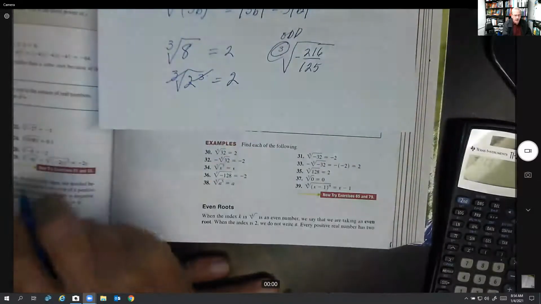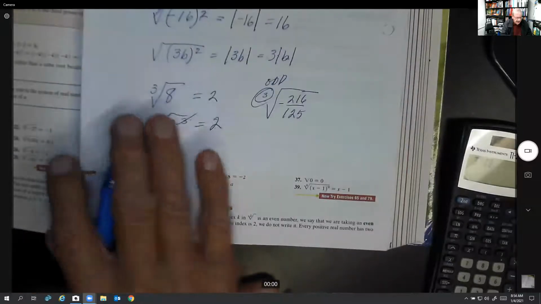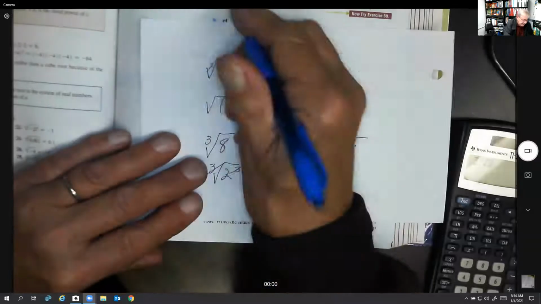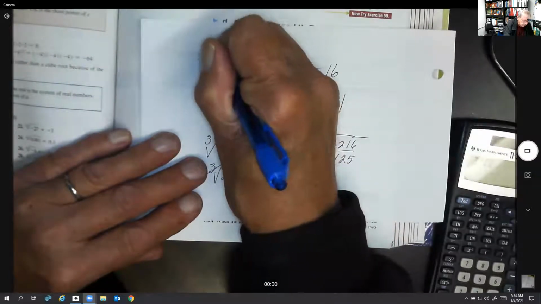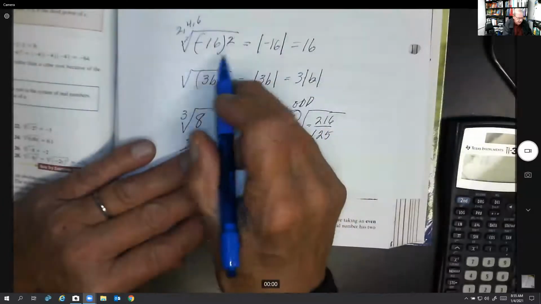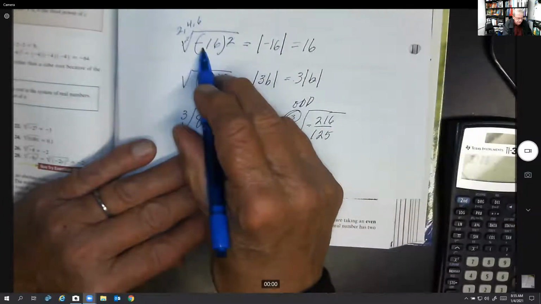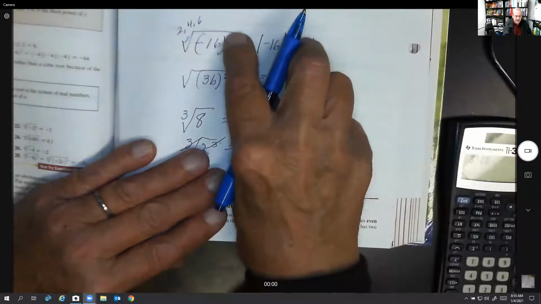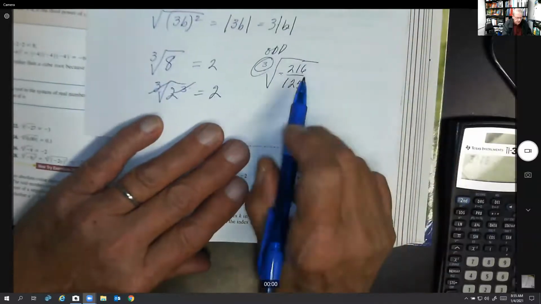It's an odd number, right? So on any odd index, you can have a negative underneath. On any even index, 2, 4, 6, you cannot have a negative underneath, unless you had a power, but if you just had negative 16, you couldn't do it. But on this problem, you can.